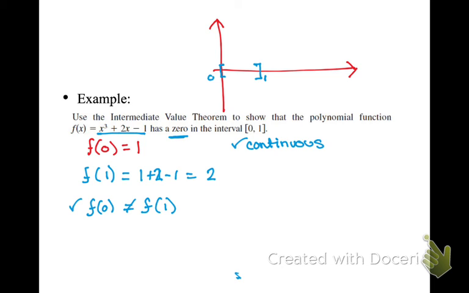So the value is going to be what? What's the k value? What's the y value right here? 0. So k equals 0.